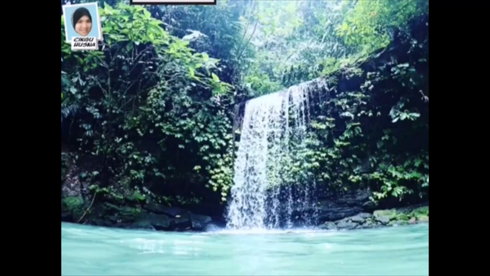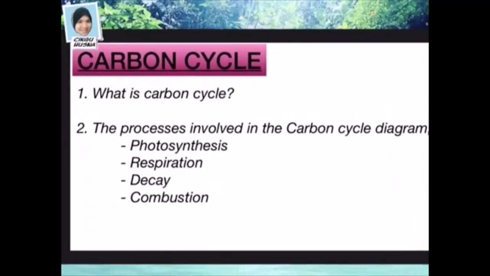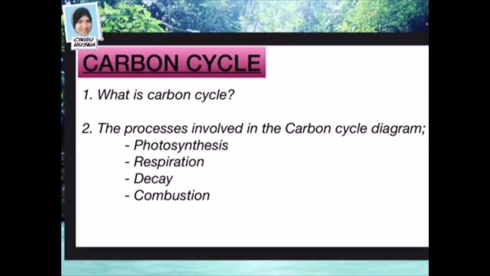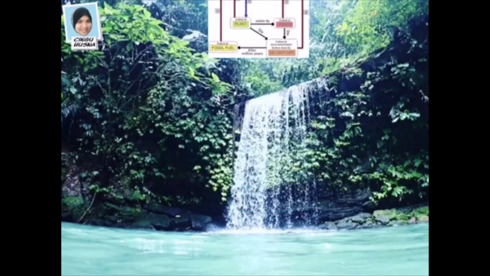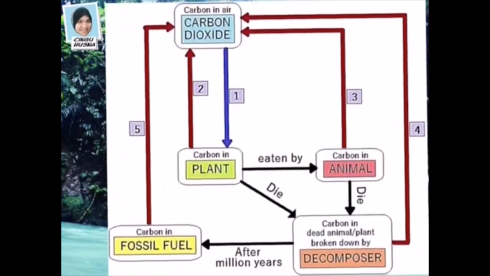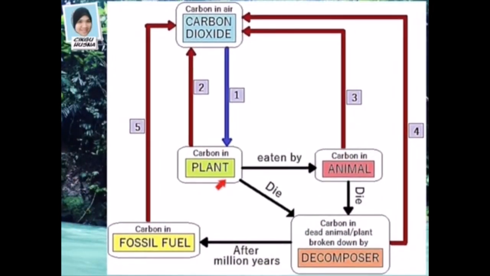So now for the second part of the learning objective for carbon cycle, you need to know what are the processes involved in the carbon cycle diagram. So here again, I'm showing you the diagram of a carbon cycle. Plant is eaten by animal. Plant dies and is broken down by decomposer.